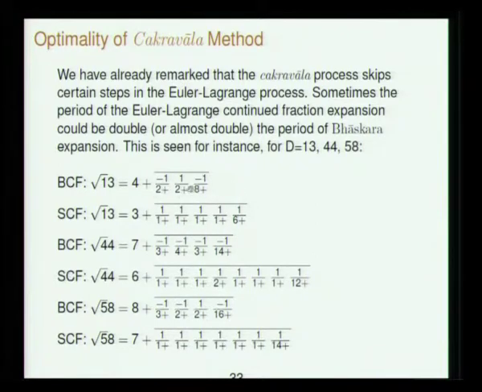For 44 the Bhaskara period is 4, while for the Euler-Lagrange or simple continued fraction the period is 8. It is indeed double the number of steps. And wherever this is happening, the number of negative signs is an indicator of the number of steps which are being skipped.